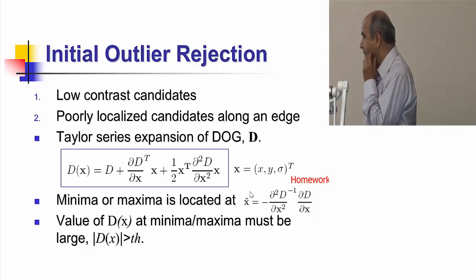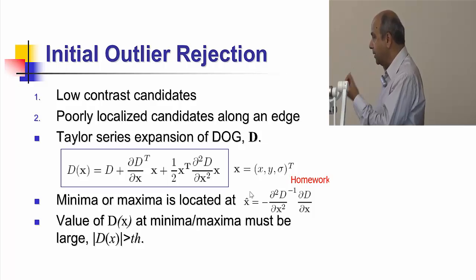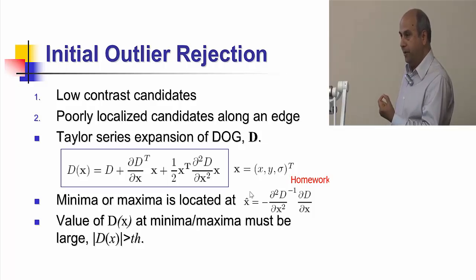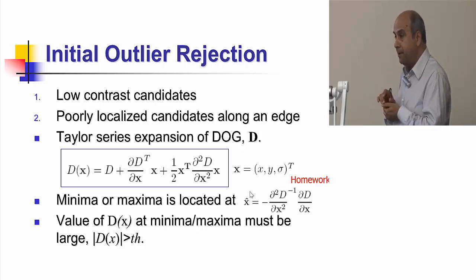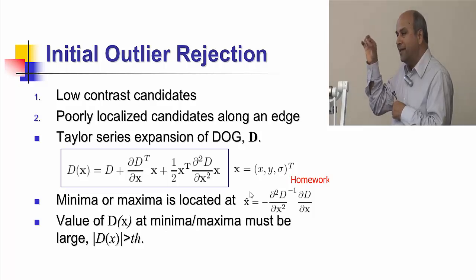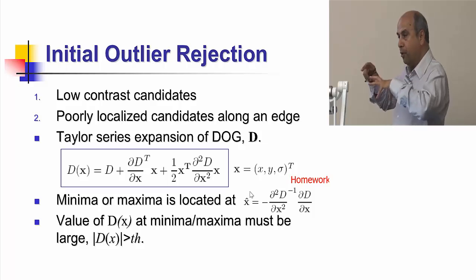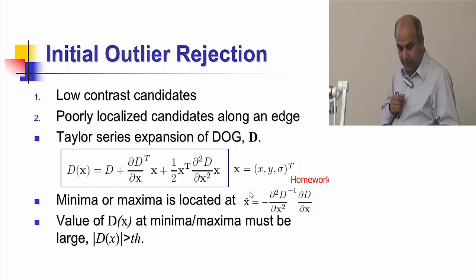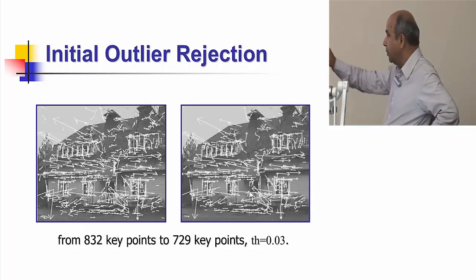If at that extrema location the value of the difference of Gaussian is above some threshold, then that is a genuine interest point. This is on top of it having to be an extremum among the 26 neighbors. But now we localize exactly where this occurs, because this gives a more continuous version of where it occurs. That way we will be able to remove some of these outliers.